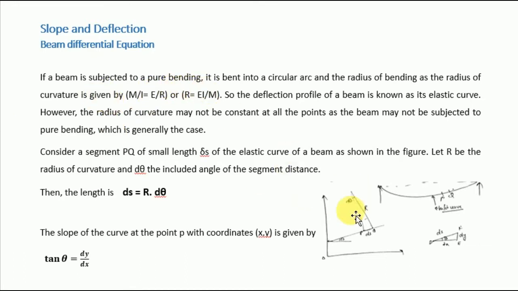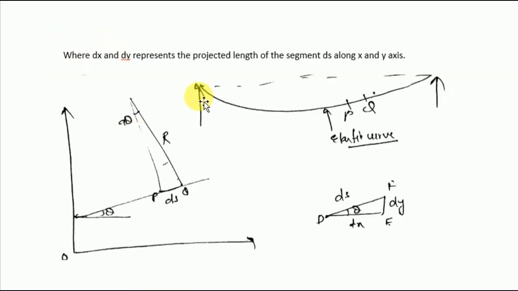If a beam is subjected to pure bending, let's start with the diagram. Here we can see a beam deflected under loading, and we cut a part PQ. This deflected shape of the beam is also called the elastic curve.